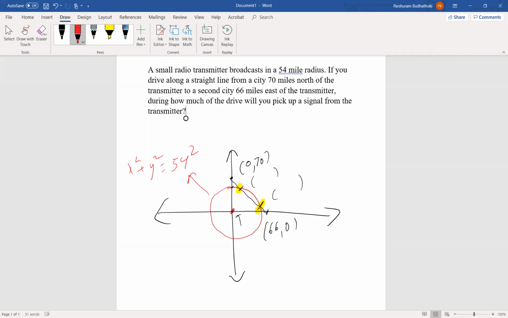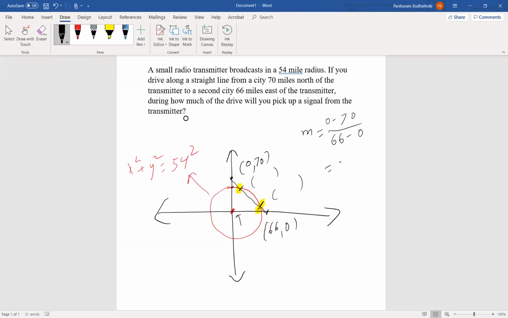I need to find the slope of that line, which is (y2 minus y1) over (x2 minus x1), so 0 minus 70 over 66 minus 0.